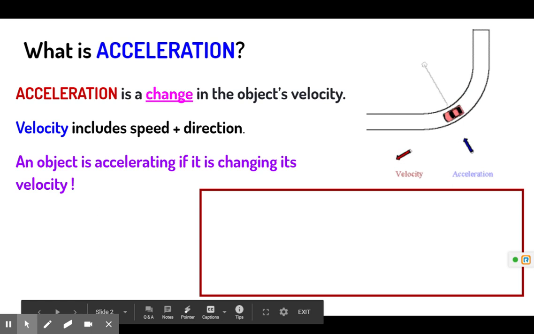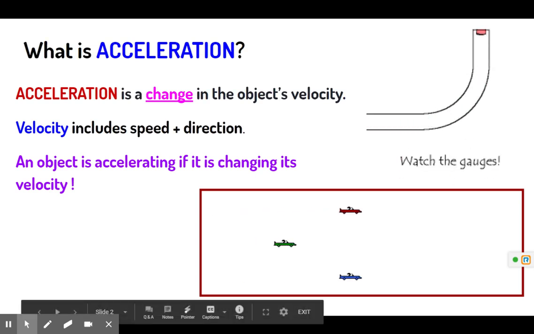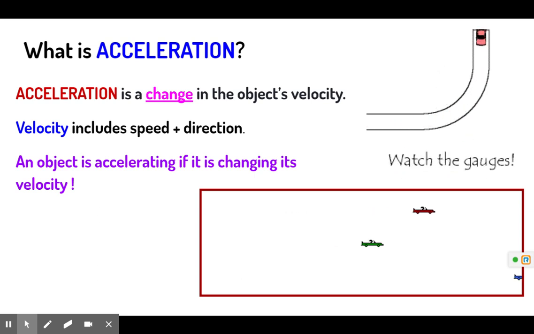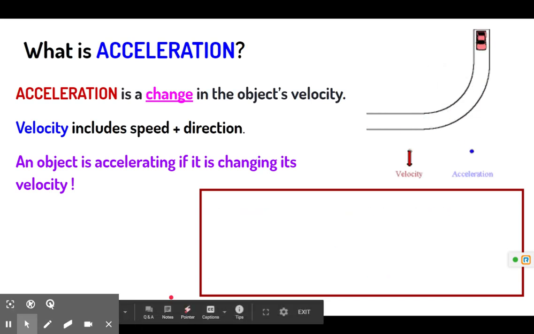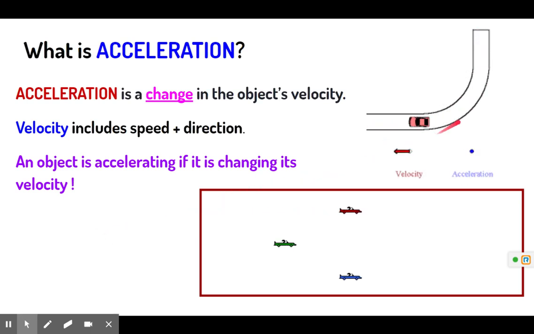What is acceleration? Acceleration is a change in the object's velocity. Velocity includes speed plus direction. An object is accelerating if it is changing its velocity.